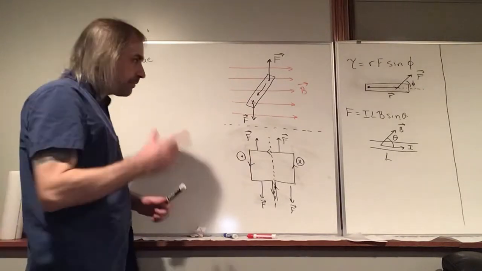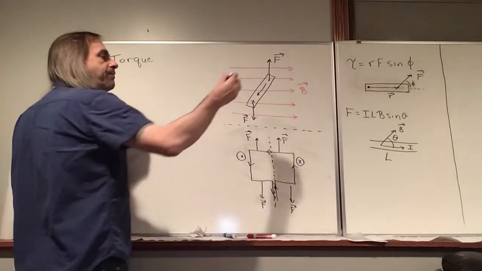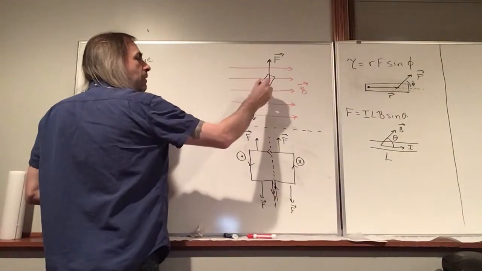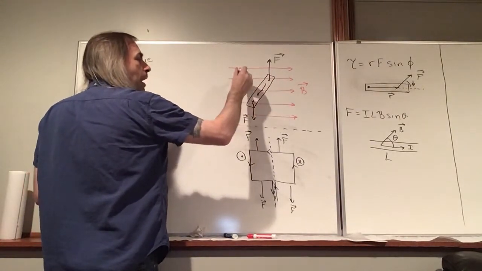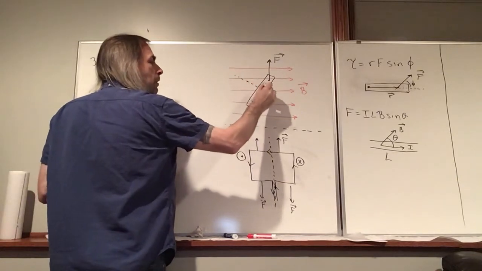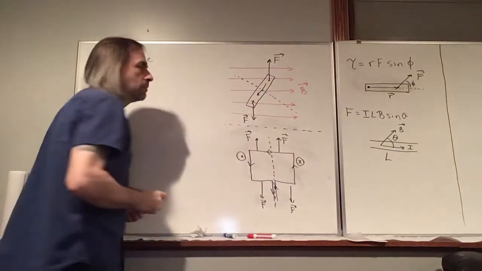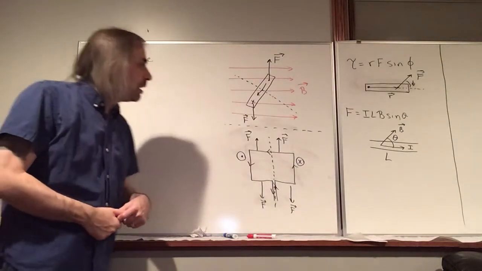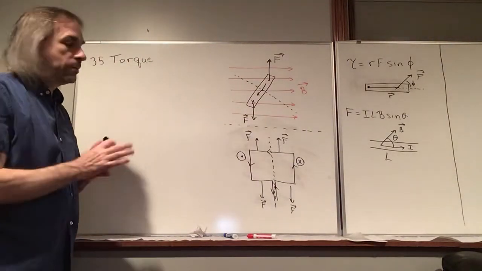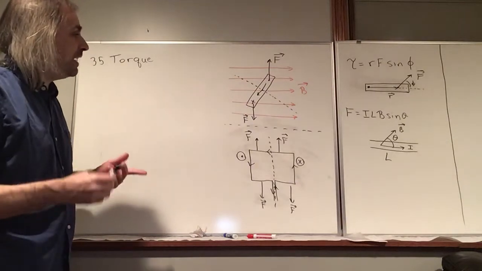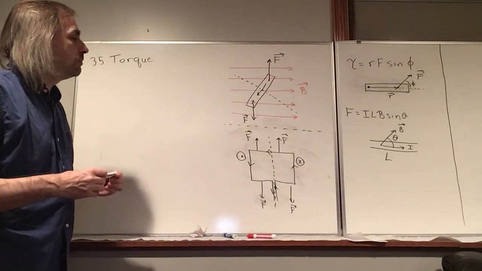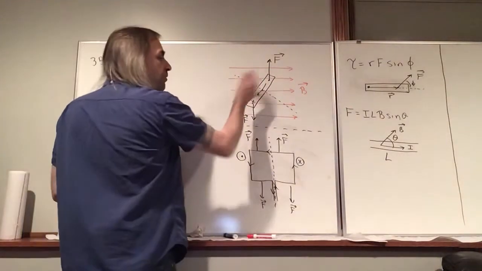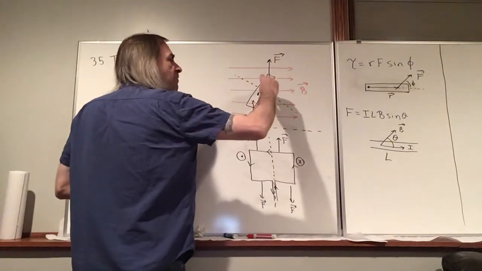So first off, what I'm going to do is draw a normal line going through the coil, so it's perpendicular to the coil. And we have an angle between, actually, I'm going to define a normal vector.